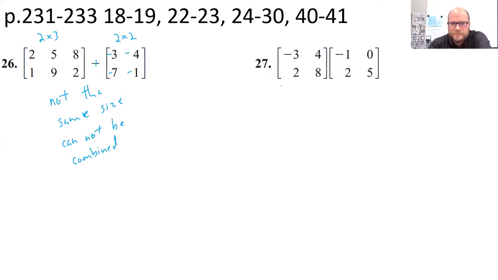Number 27. Now we're multiplying. When we multiply 2 matrices, again, we're doing the row by the column.